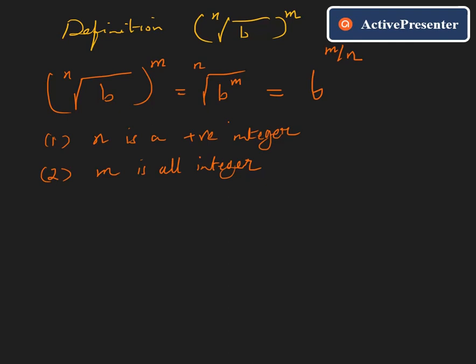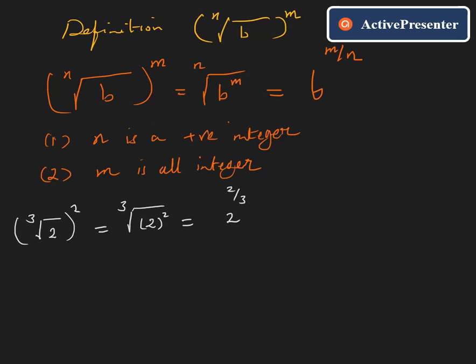For example, the cubic root of 2 all to the power 2 is equal to what? It's equal to the cubic root of 2 to the power 2, which is equal to 2 to the power 2 over 3.